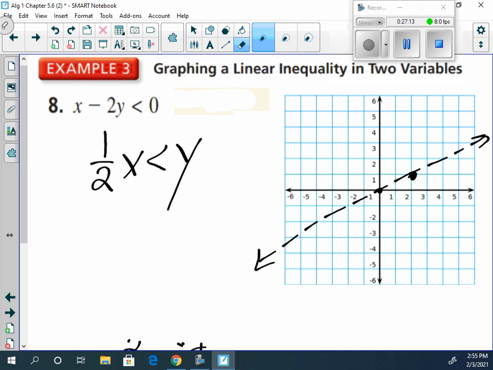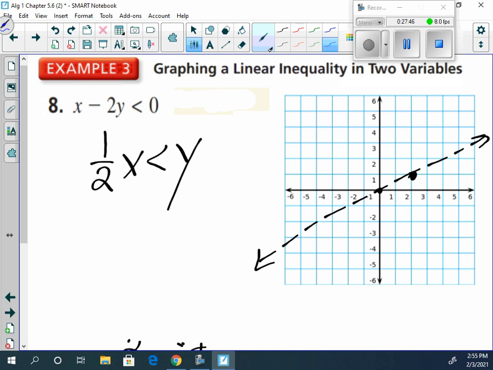Now, can we use the point 0, 0 for this? Oh no, you can't. We can't use 0, 0 because the line goes through the point 0, 0, doesn't it? So does that mean we shade none of it or all of it? We just need to choose a point other than 0, 0. Anytime the line goes through the point 0, 0 or through a point, we can't use it as a testing point. We have to pick a different point.